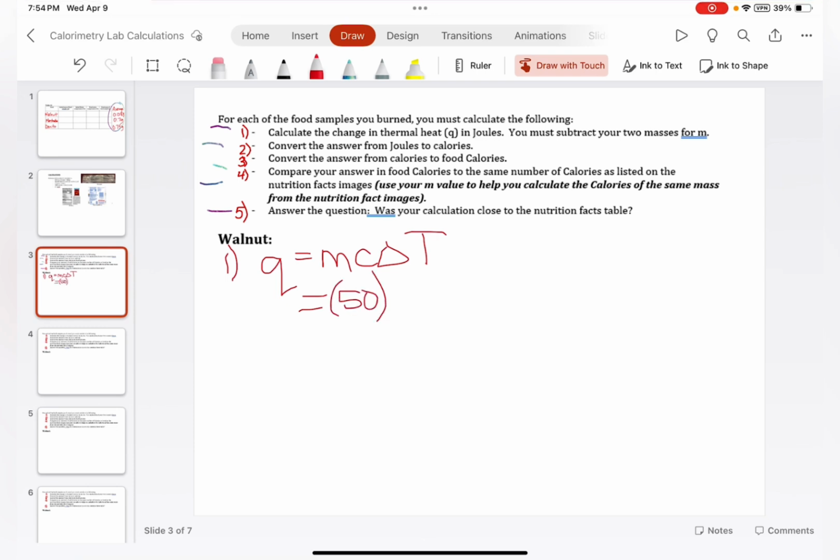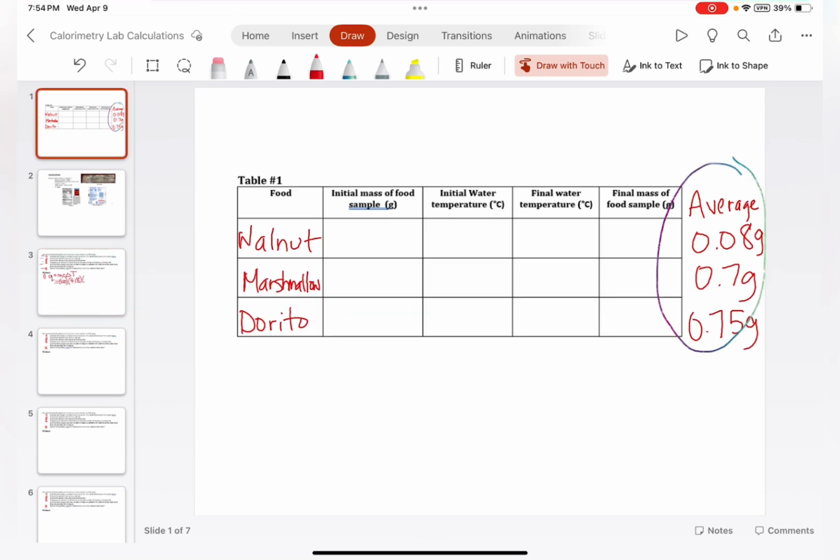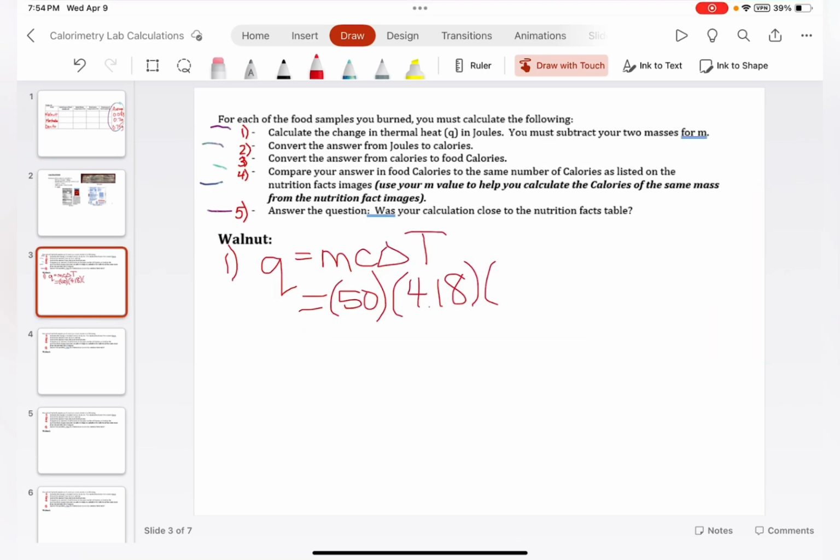If you remember the specific heat of water, that would be the value for C. It's 4.18. And you don't need to write the units here just because we're just going to be calculating the whole thing. Delta T is coming from the table here. So I don't have the numbers filled in, but I'm using the results from the 2 students in the video. And their results were, hold on here.